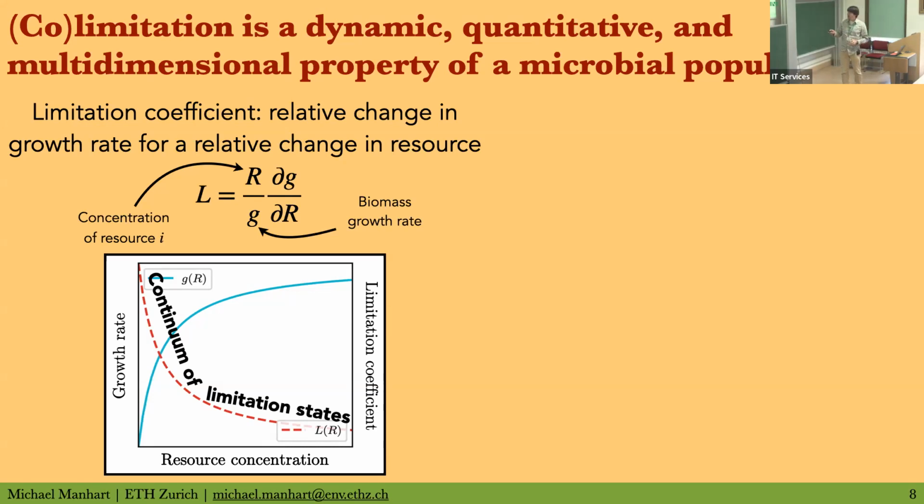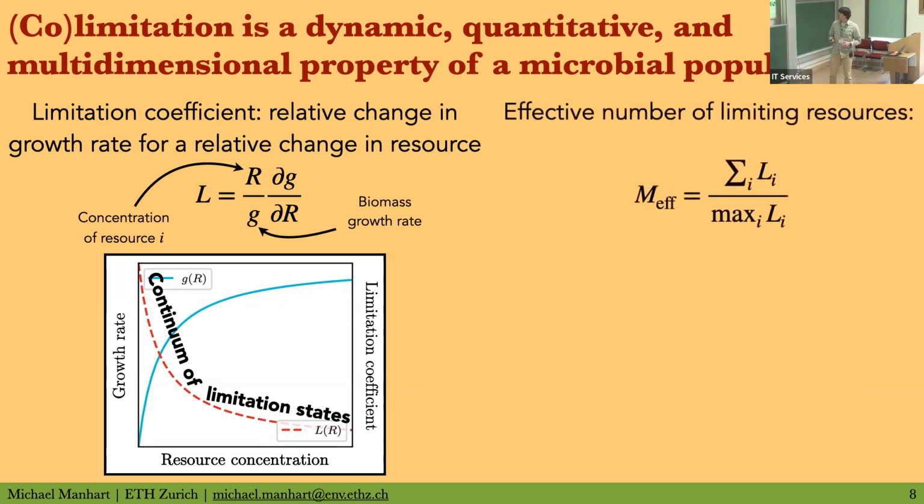Well, you can calculate such a quantity for every resource in your system, and then you can define this quantity that we call the effective number of limiting resources. And this is basically a rescaled average of these limitation coefficients. And what happens is that it ranges from 1 if only one of the resources is at all limiting, to the total number of resources if they're all equally limiting.